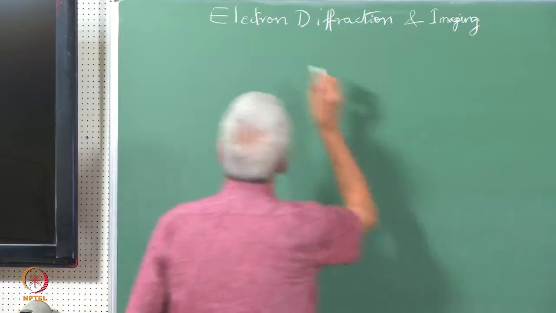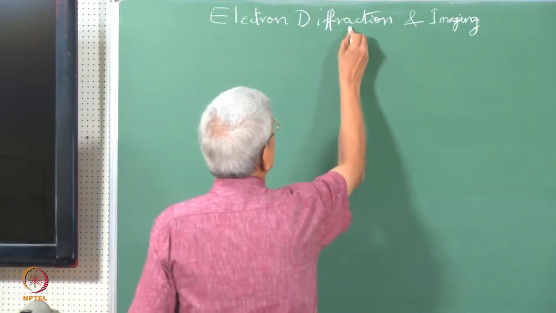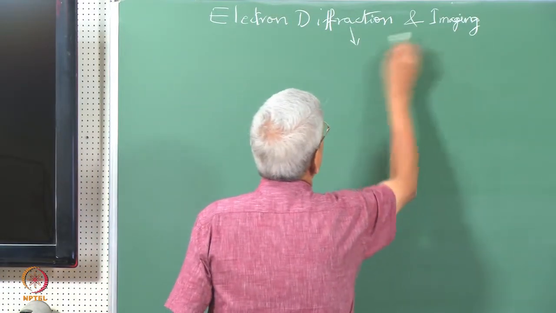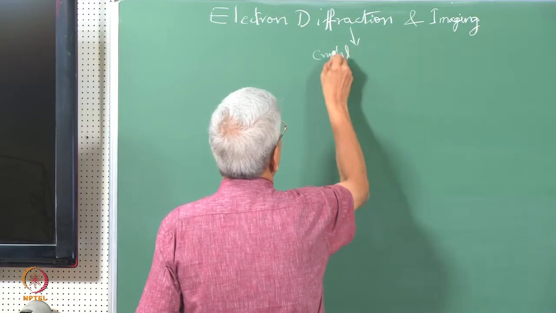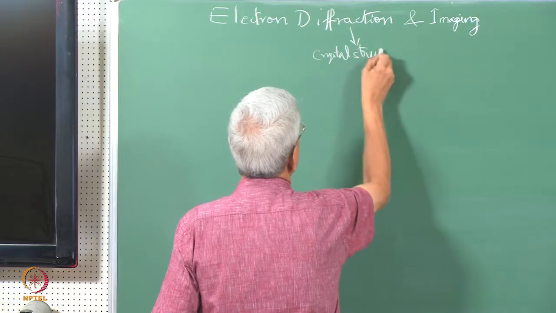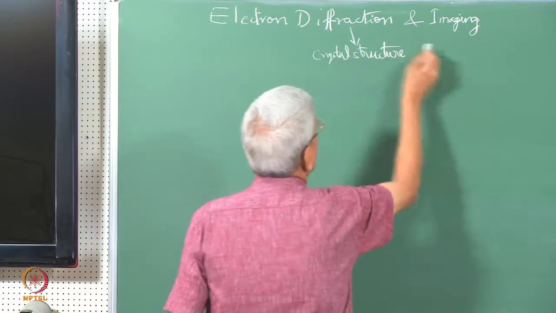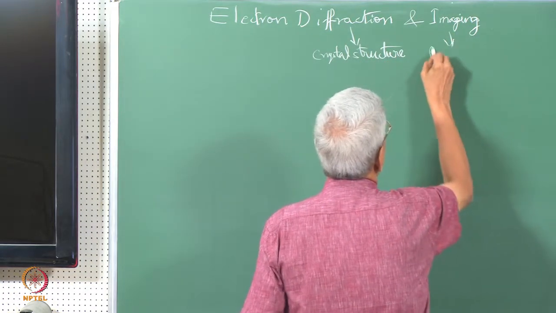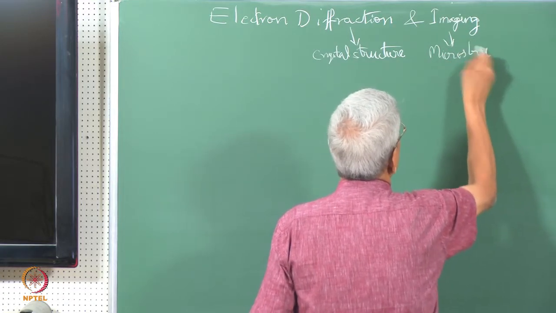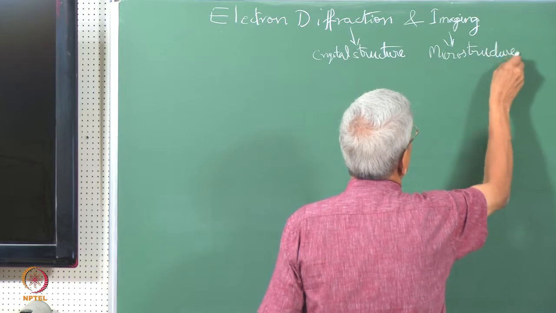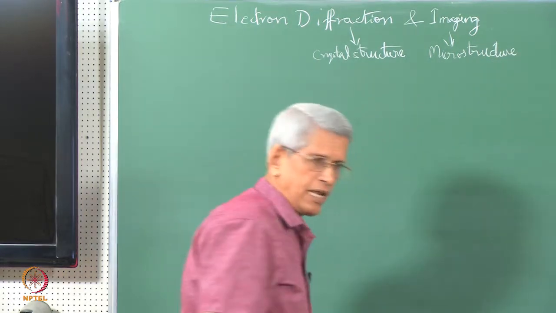So, both this information: diffraction gives information about the crystal structure. This we have studied in detail, and imaging gives microstructural information. But there are some subdivisions into it which we will come to shortly.